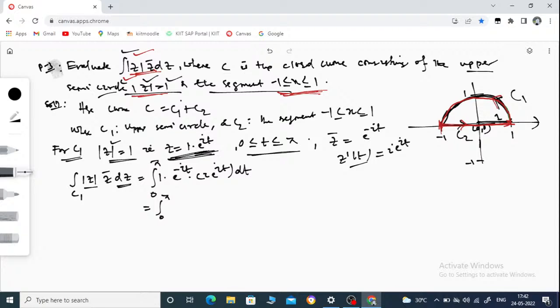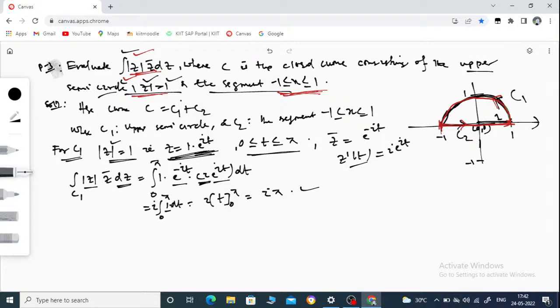This is the integration from 0 to pi of e to the power minus it times e to the power it, which is 1. Then I can take i outside the integration, so i into 1 dt. Integration of 1 is t, which varies from 0 to pi, so this will be i pi. So the integration over C1 is i pi.